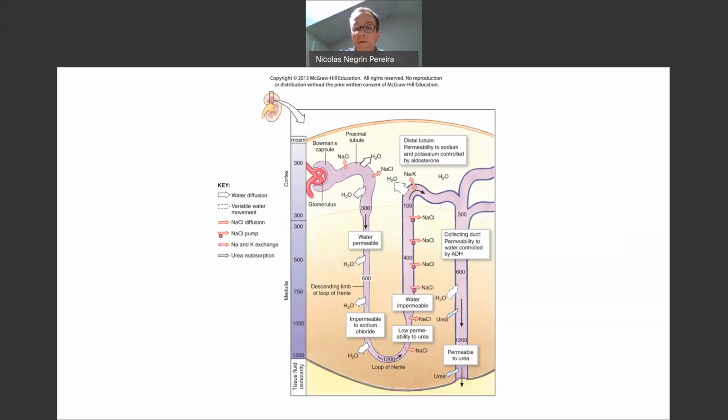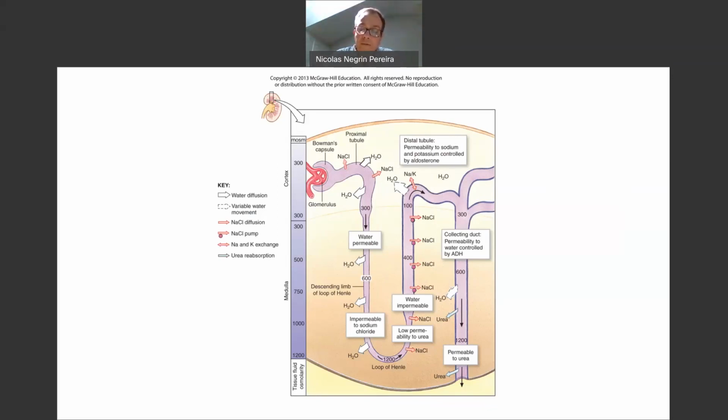And the collecting ducts have this particularity of being permeable to water, and the permeability to water is controlled by the antidiuretic hormone, or ADH. When this hormone is at high concentrations in blood, as the name implies, it will lower the amount of water being excreted.